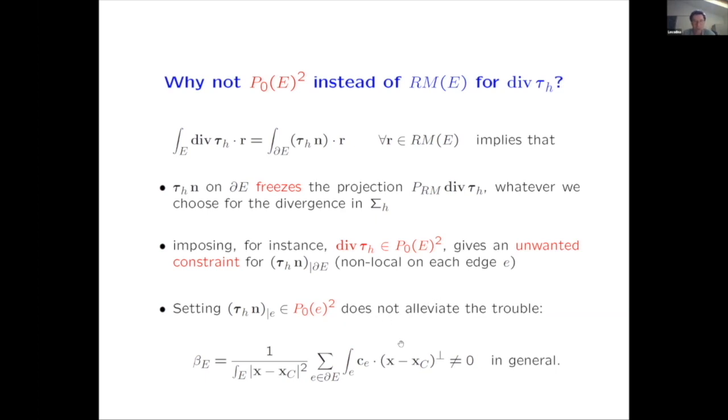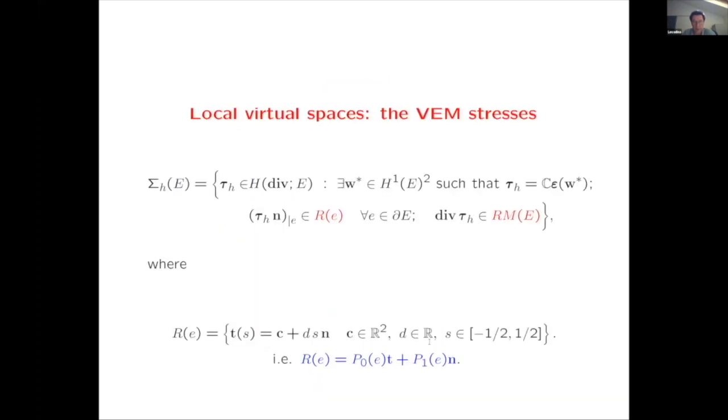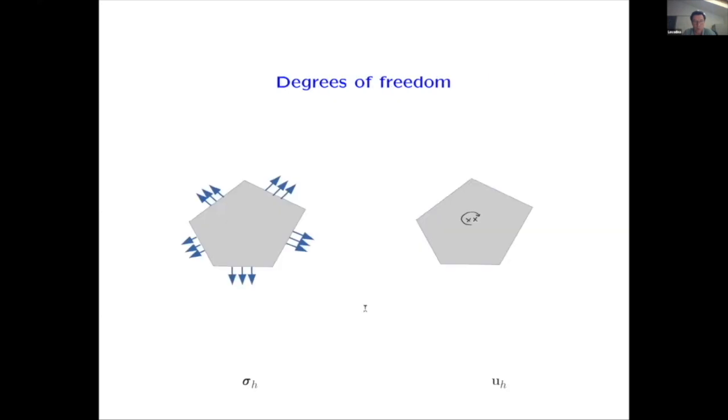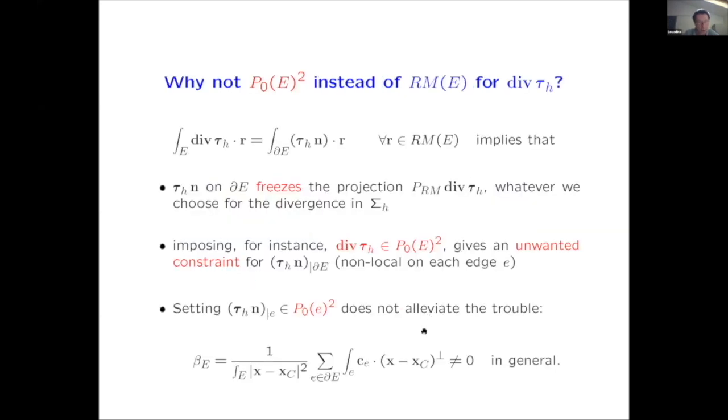So that's why we have chosen what at first sight is a sort of bizarre space for the divergence of the stress here. And of course, this has a consequence also on the choice of the displacement field, because if you reduce the displacement field, then you are in trouble for stability reasons.